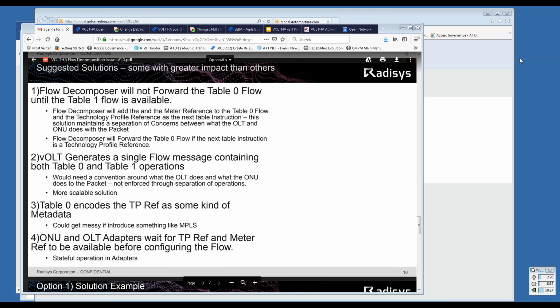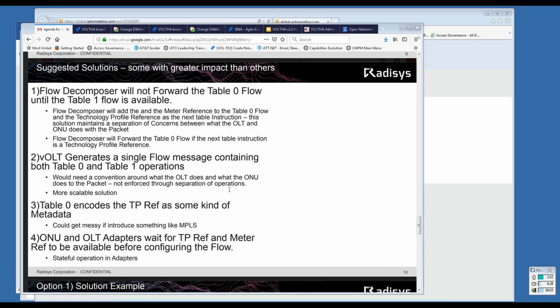Well, at the OLT side, I need to match on both the outer and the inner, right? But I only want to pop the outer. That is correct, yes. And then the ONU is responsible for popping the inner one, or it becomes the outer one at the ONU, but yeah.